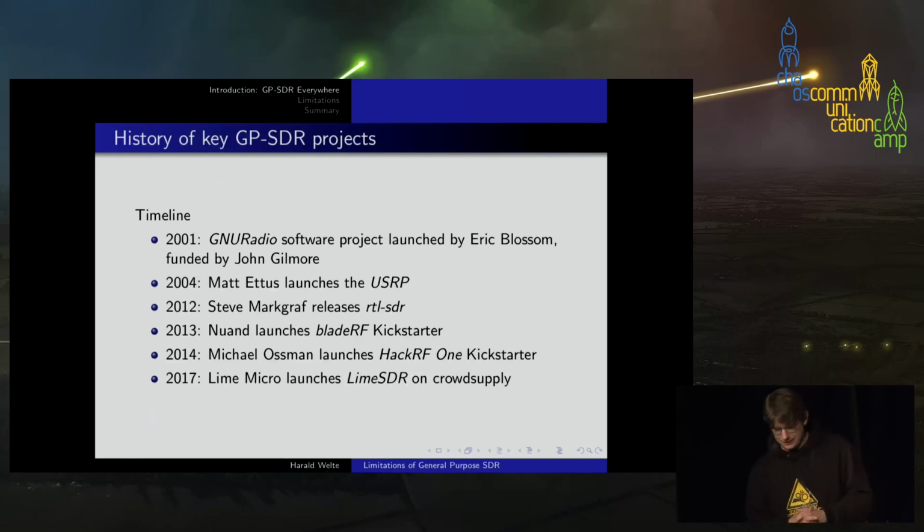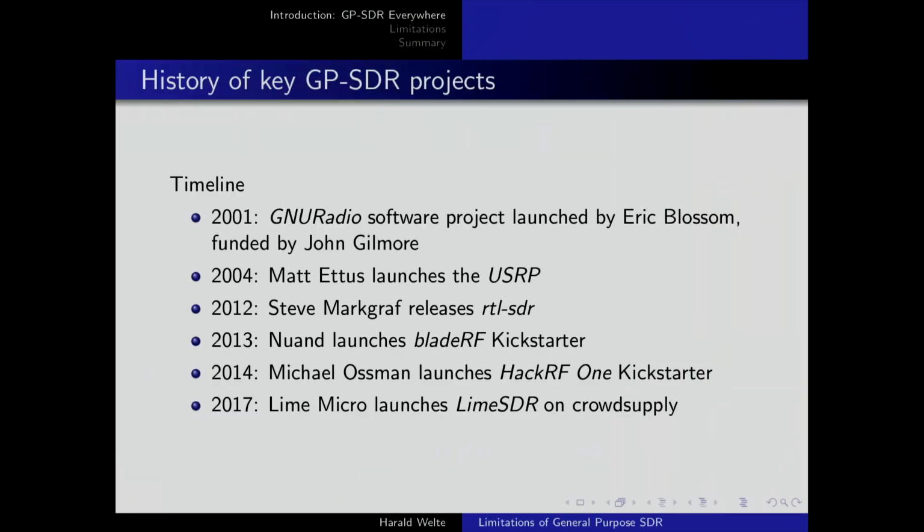Having said the terminology, let's look at a number of key projects related to general-purpose software-defined radio. I would start in 2001, when GNU Radio was founded by Eric Blossom, with a very generous grant or donation by John Gilmore, to create a software suite which is very popular even until today, even more so today, to use general-purpose software-defined radio devices.